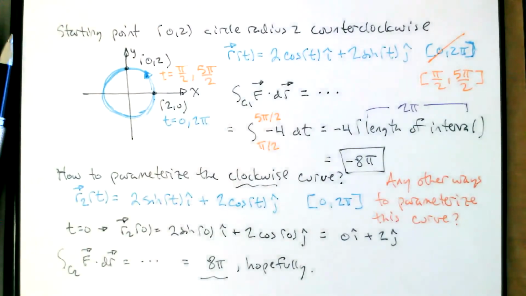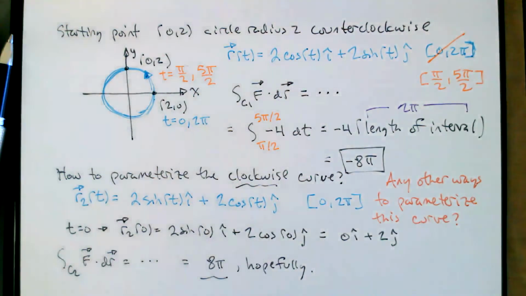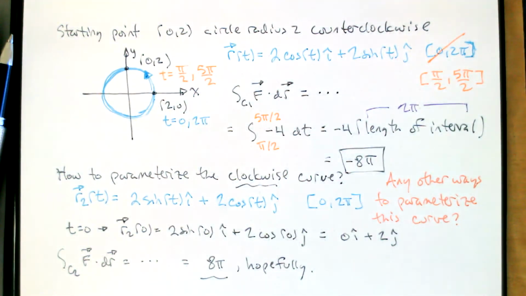So we want to make sure if there are any other ways to parameterize this curve. I'm certainly heavily implying that there is another one and that I want you to think of it. So I'm going to leave that as an open question. What's another way to parameterize this curve?